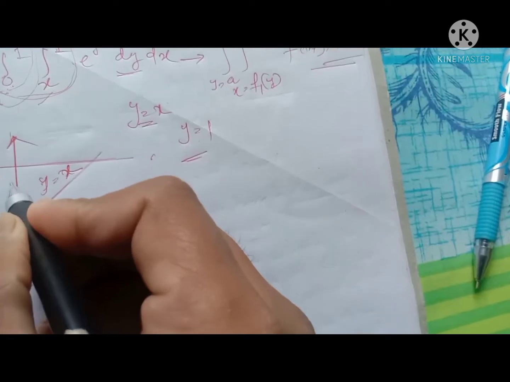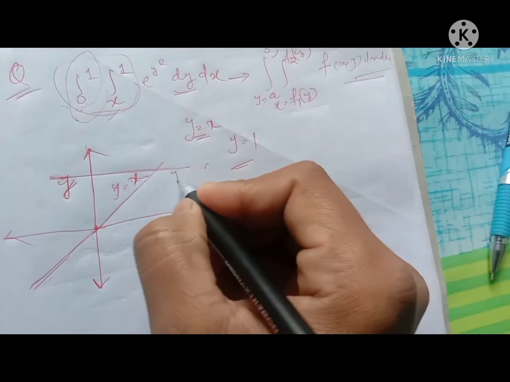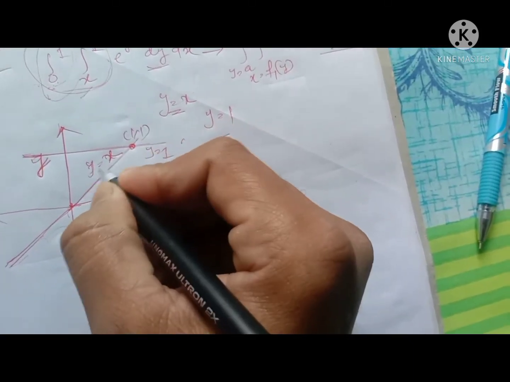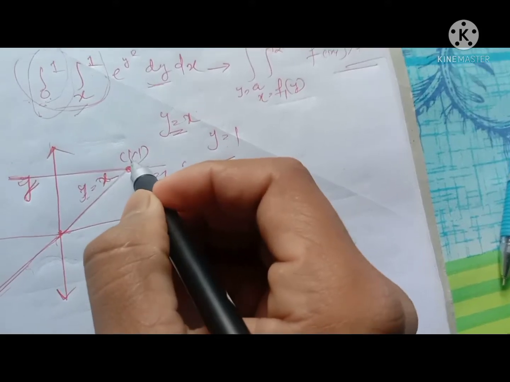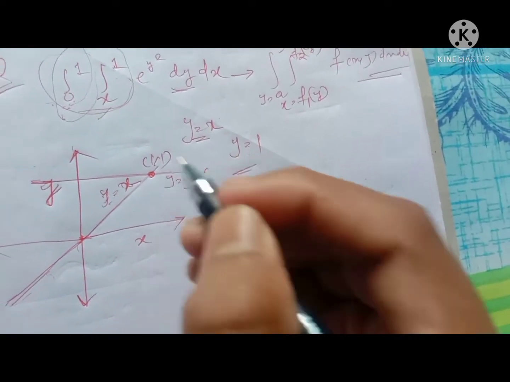Here we write y equal to 1. So the point is (1, 1), where y equal to 1 and x equal to 1. Next our work is to find the bounded region.